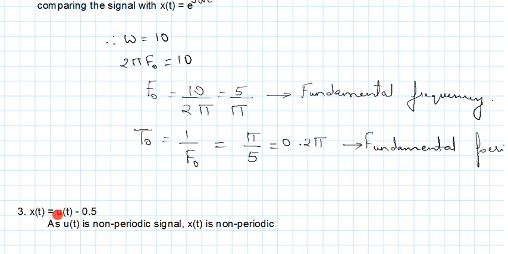So u(t) itself is an aperiodic signal. And if I subtract 0.5 from it, the magnitude changes, but we do not observe any kind of periodicity with this mathematical operation on u(t). And therefore we conclude here that as u(t) is a non-periodic signal, x(t) is also a non-periodic signal.